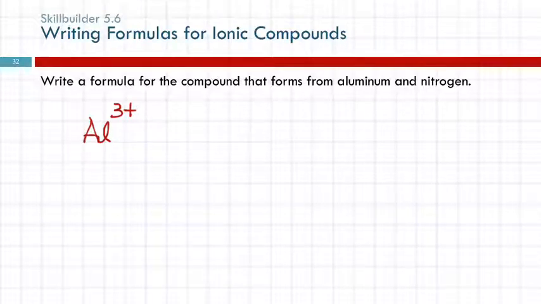The other thing, it's not in the textbook, but what I've noticed is that the semimetals fall into nonmetal and metal categories for naming things. So silicon is a semimetal, but in terms of naming things, we're going to consider it a nonmetal. So aluminum is right up next to that stair-step line, but it's on the metal side. Metals form positive ions, and in group 3A, which is where it is, they form a +3.